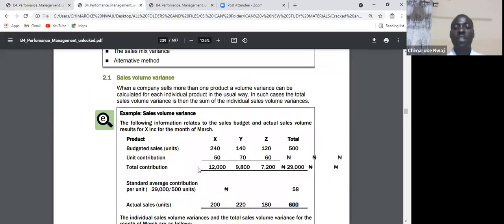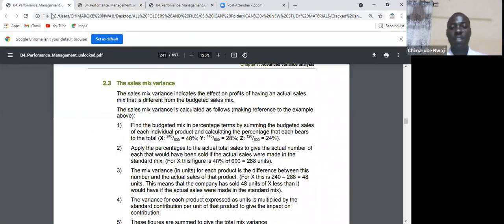Since you said you sold 600 actual, how much would you have sold for X, given the standard mix? 288. So that's the standard. How many did you sell? You sold 200. So 288 minus 200 will give you 88.